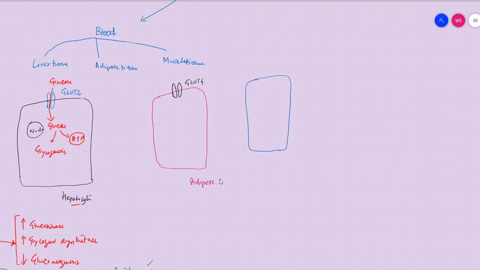We're trying to represent a cell. An adipose cell is an adipocyte. And here, this is a muscle cell. Okay, and the transporter in both these cases is GLUT4. Now, the importance of GLUT4 is that these are insulin dependent. Okay, so GLUT4 is insulin dependent.